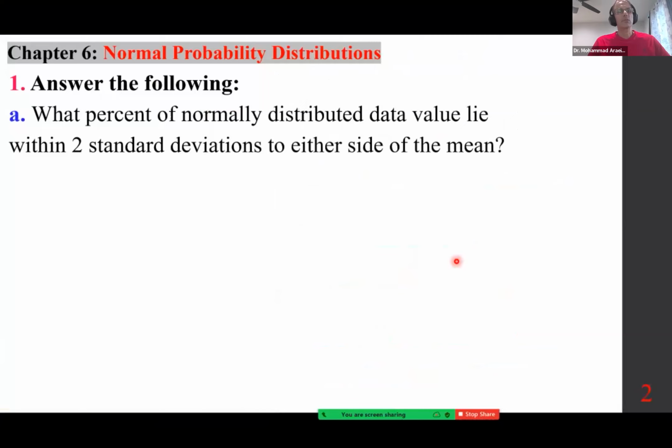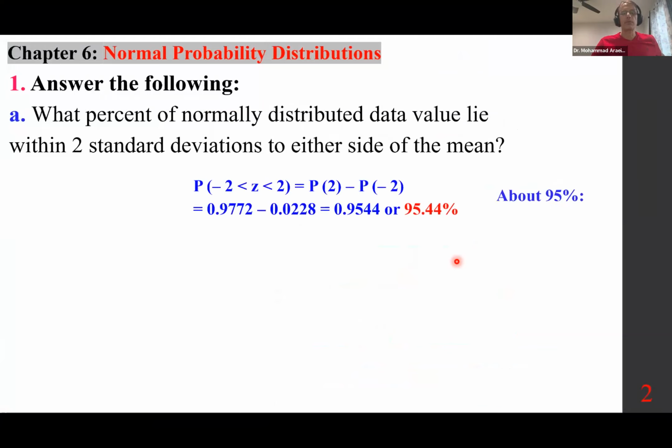Answer the following. What percent of normally distributed data values lie within 2 standard deviations to either side of the mean? The answer is about 95%.